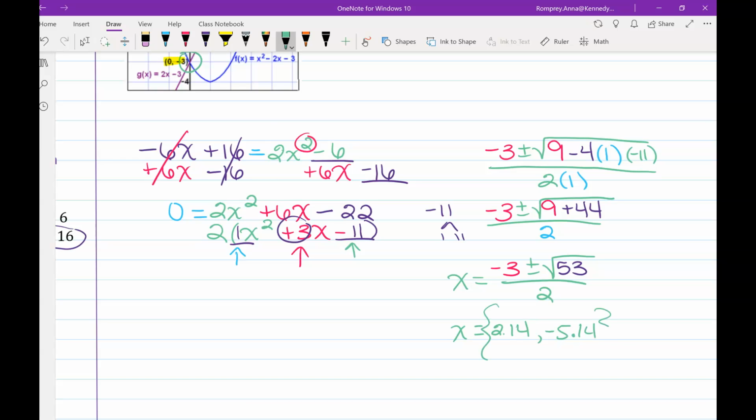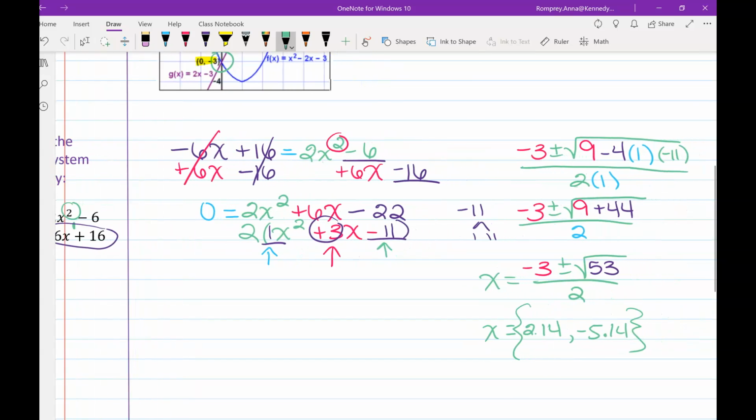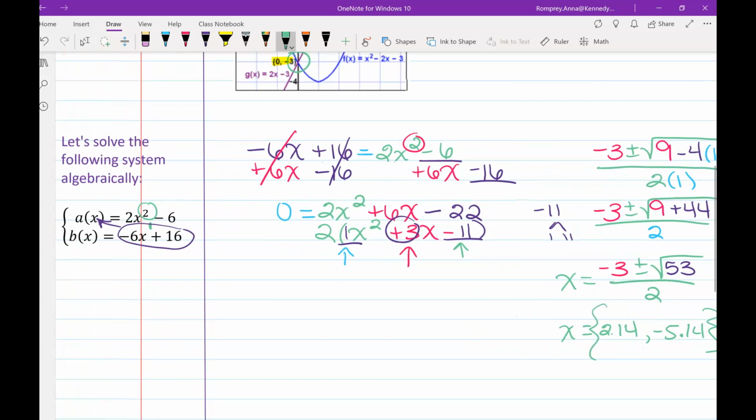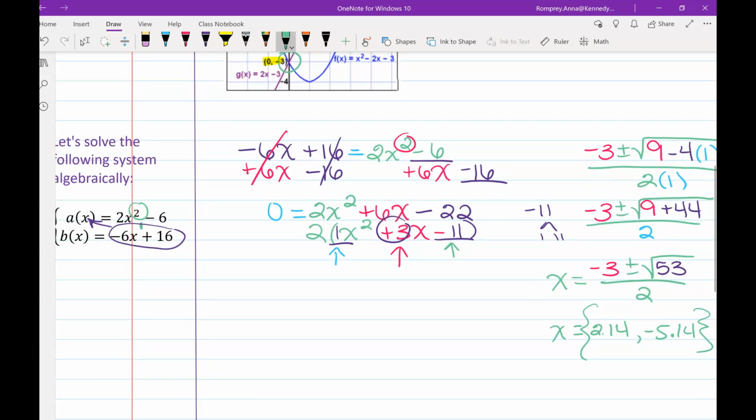So these are my two inputs for the solutions, where my linear function, b of x, intersects a of x. So to find the solution, you can plug into either of these equations to find your y value. Because again, it's the solution, it's what they have in common. So I'm going to use my linear one just because that looks a little bit easier.